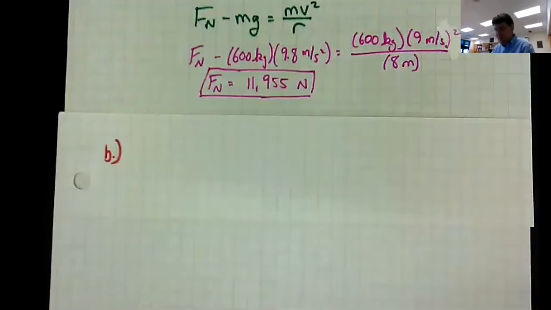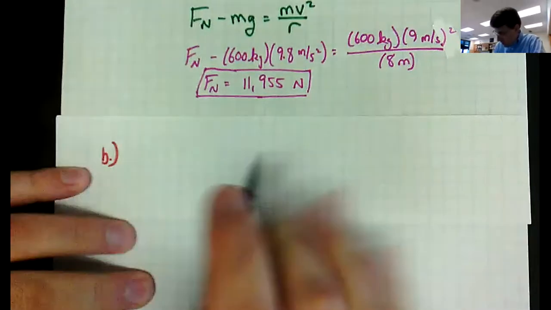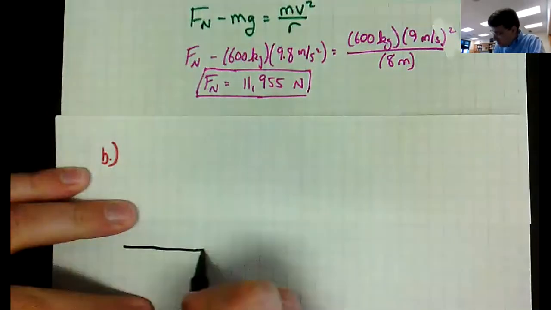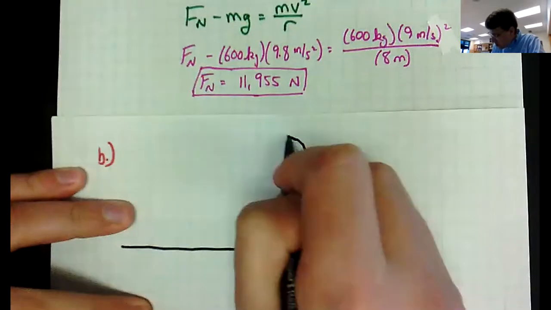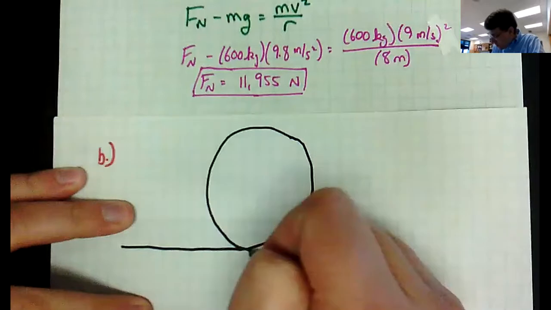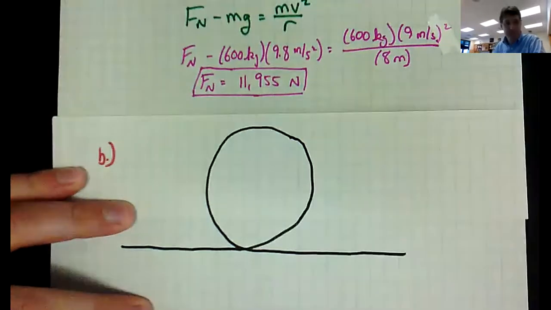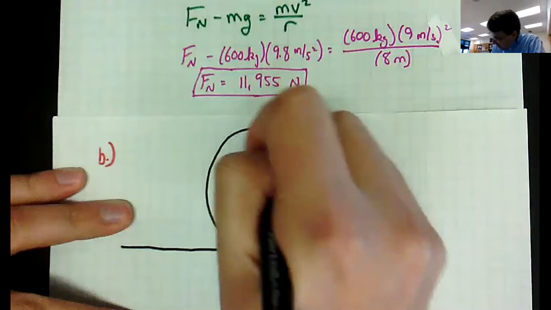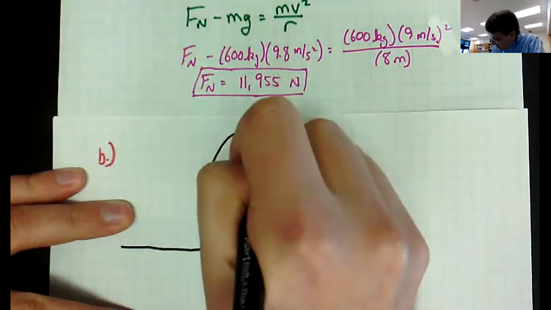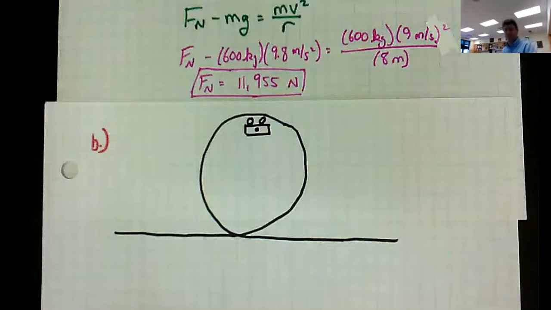Please stop me if I'm going too fast. So right now the car is up here and it's upside down. We want to think about what the forces are up here at the top.